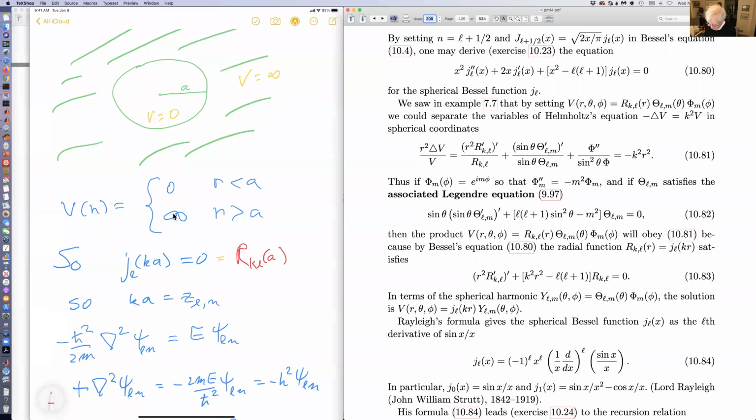We want that to be 0, so we choose kA to be a zero of the spherical Bessel functions. I'm using the notation z_ln. This reminds me of, and may exactly be, the notation of the zeros of the cylindrical Bessel functions. But in any event, I'm saying that j_l of z_ln is identically equal to 0.